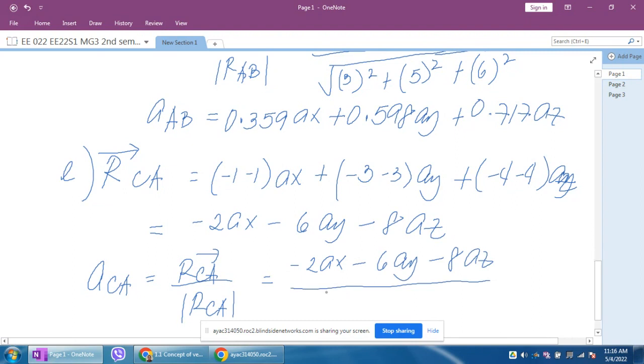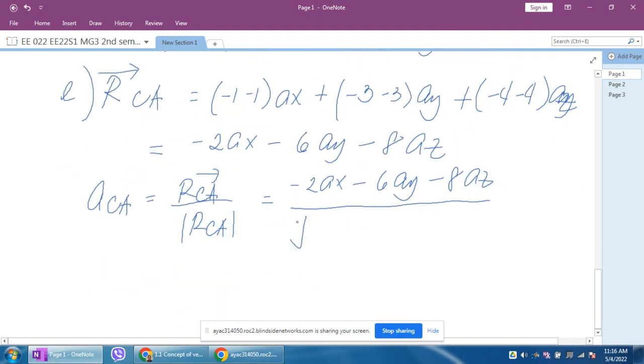You get the magnitude. No? So kunin po natin yung magnitude. Square root of -2 square plus -6 square plus -8 square. And then you simplify. Simplify nyo na po ito.